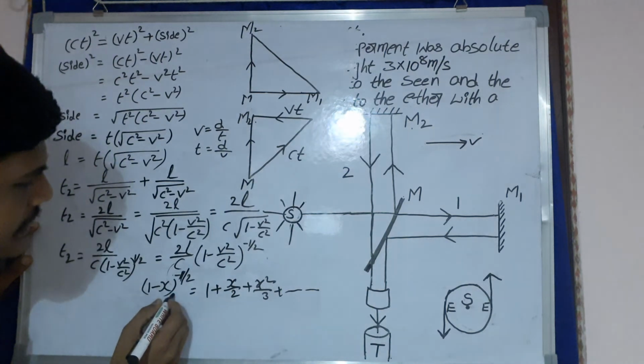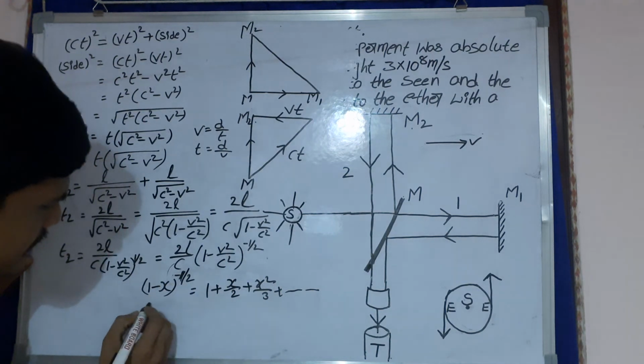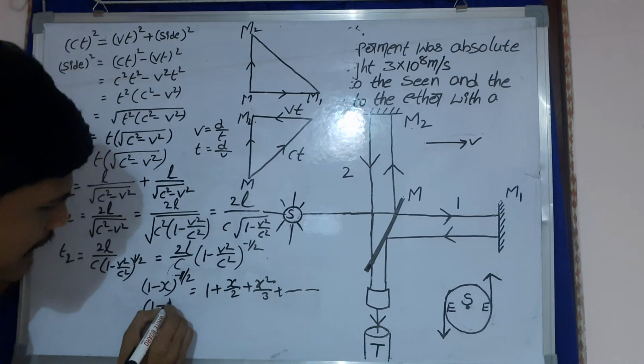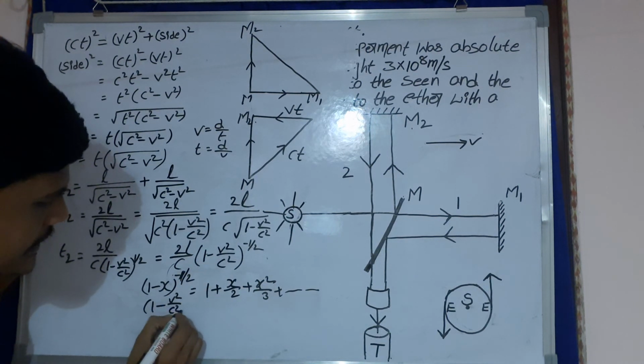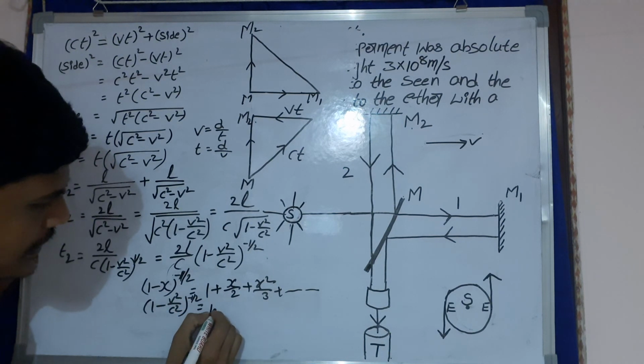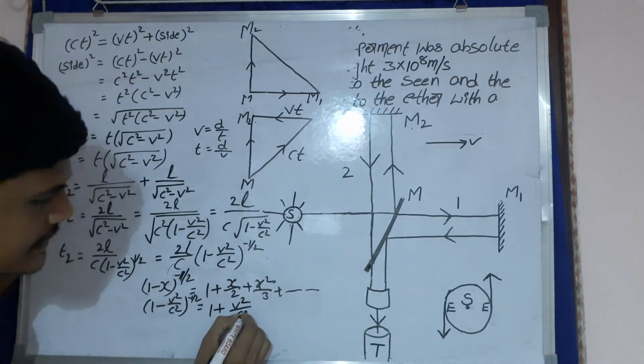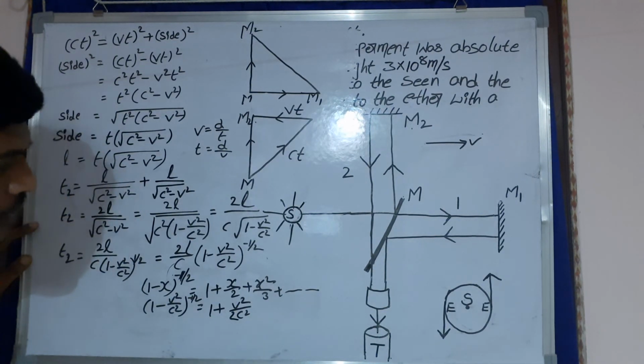So here x means v square by c square, 1 plus x by 2 means v square by 2c square.